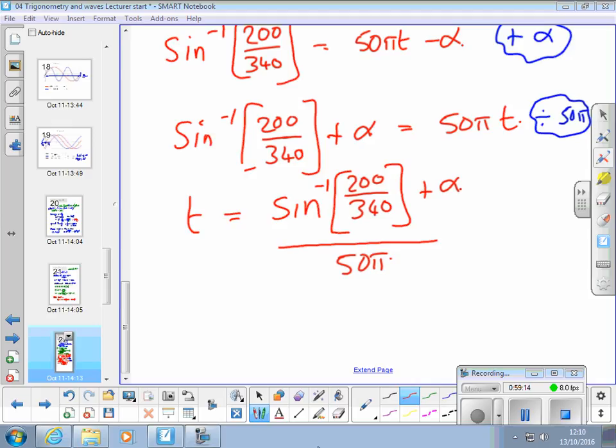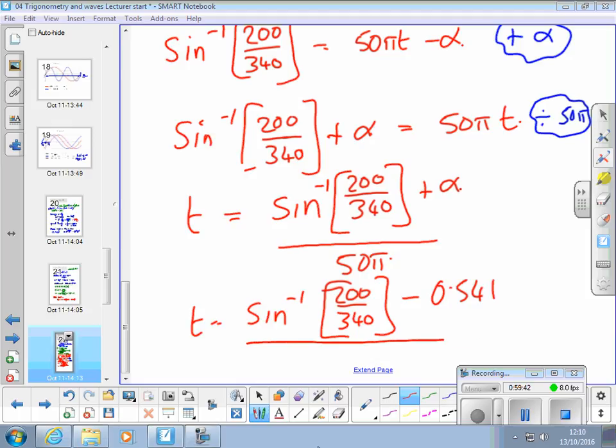And now I can put all the numbers in. t is equal to sine to the minus 1 of 200 over 340 minus, because the angle is given as a negative angle, it's like plus minus, so it becomes a minus 0.541 radians. Notice I'm using the given angle in radians, not the calculated 31 degrees, which is rounded.